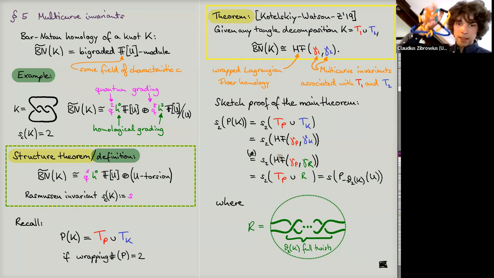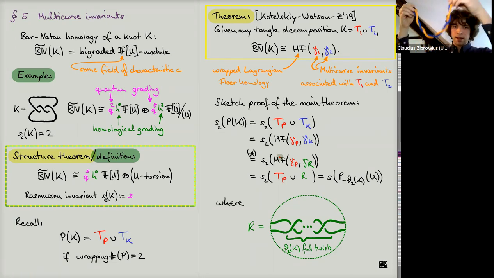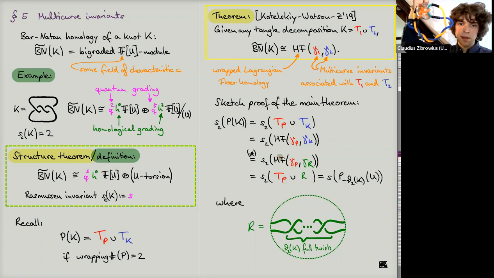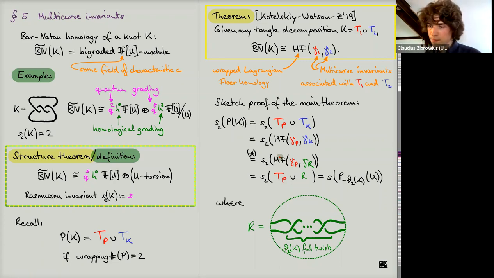So this was the starting satellite knot, and now we take out this companion tangle, and we replace it by this tangle R, which is just a number of twists, and we glue it back in. And we have got this simpler satellite knot. So that's the strategy.